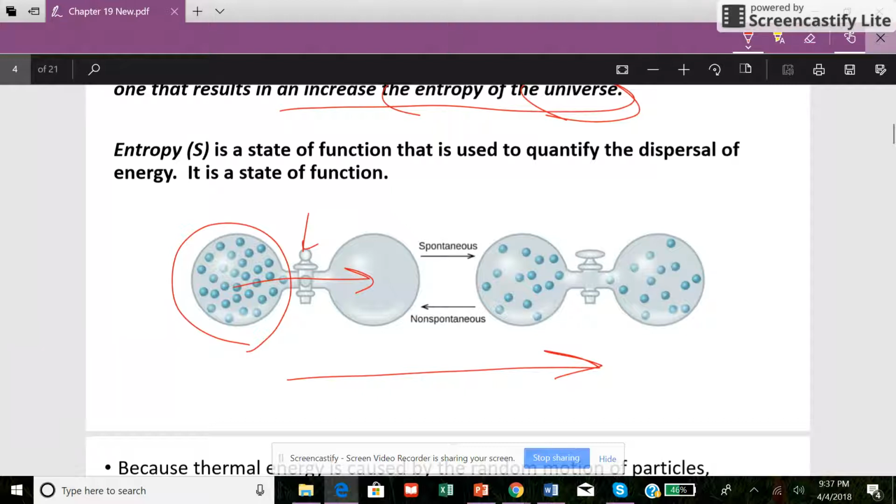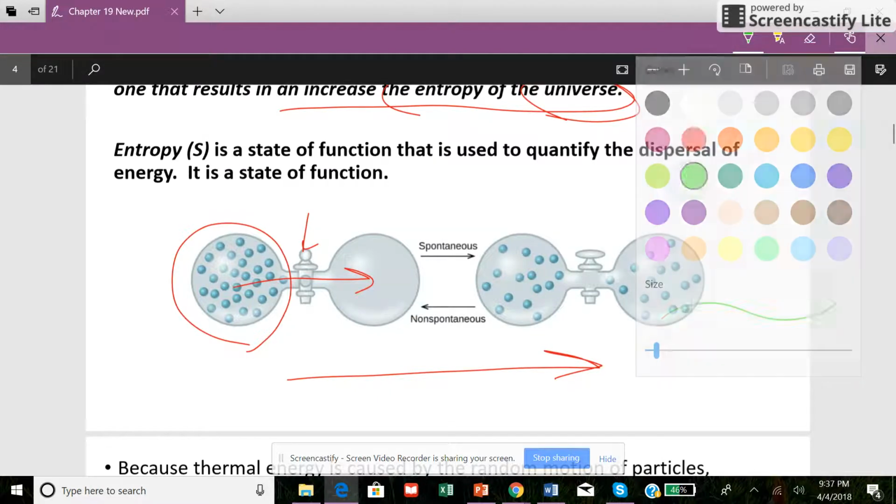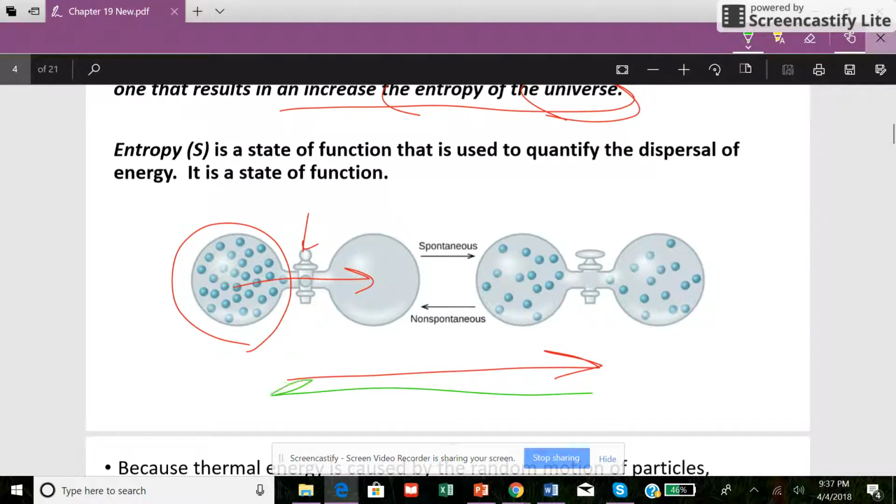Because it increases the entropy, which is disorderness, the dispersion of energy. So that's what drives the spontaneous reaction. On the other hand, you will never see something happen in this direction, where things become more orderly, or the energy concentrates in one place. That doesn't happen, so it is non-spontaneous.